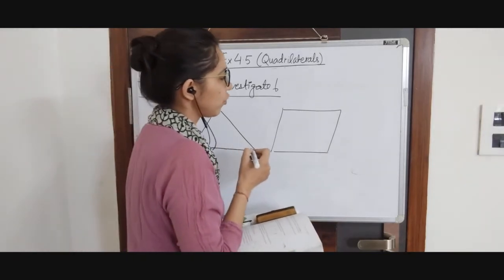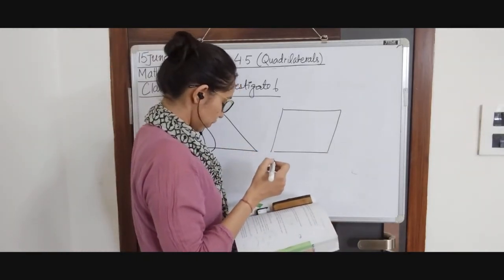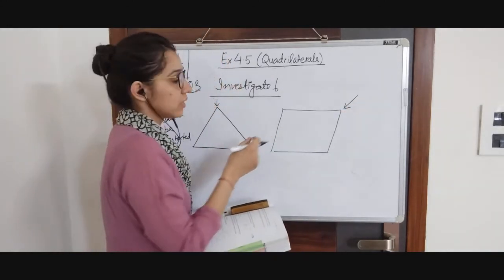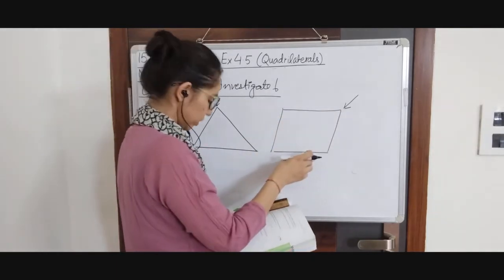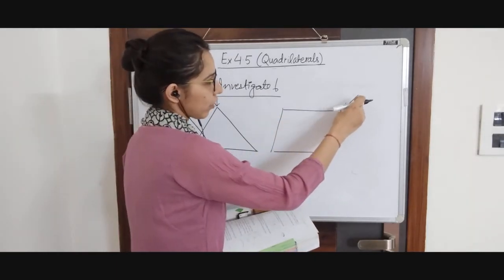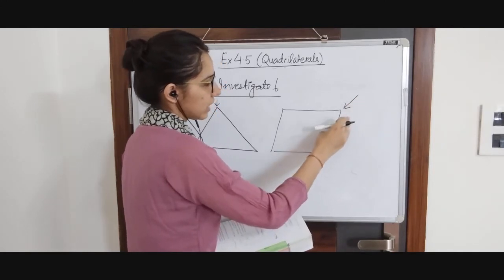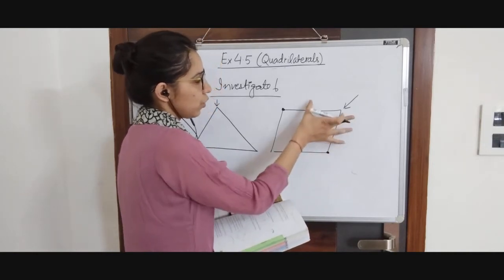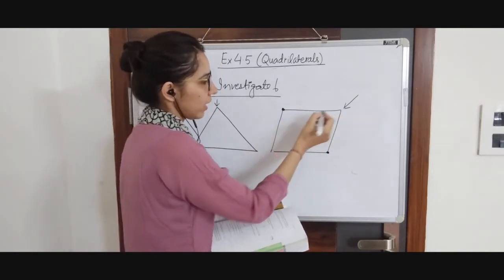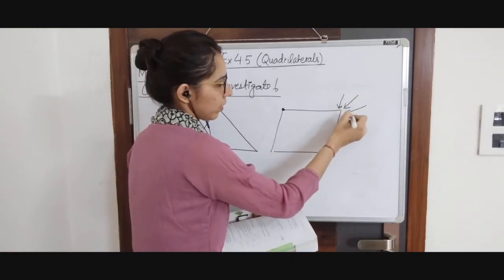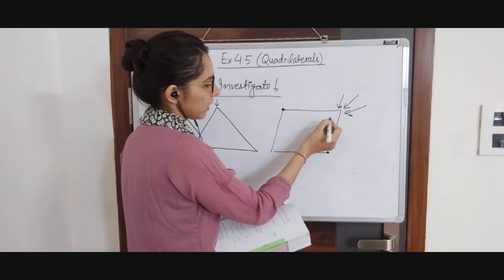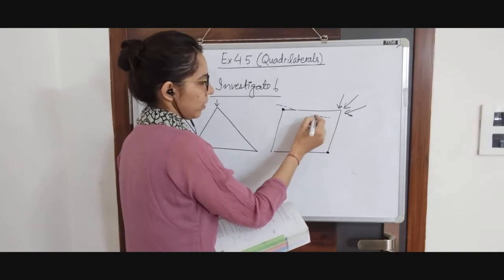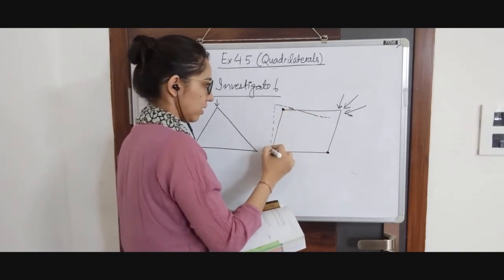But if we try to push any vertex of the quadrilateral, which you also have to make using strips and fasteners, because of the leverage provided by these vertices, you will be able to distort it. If you are putting some force over here, it will move here, and it will become something like that.